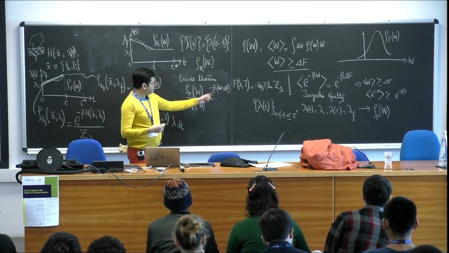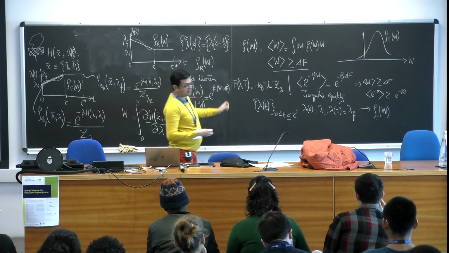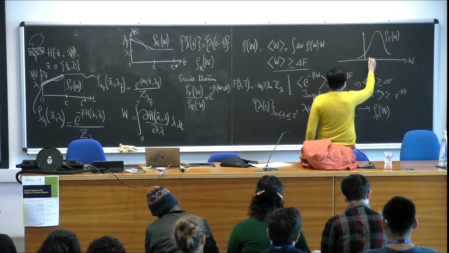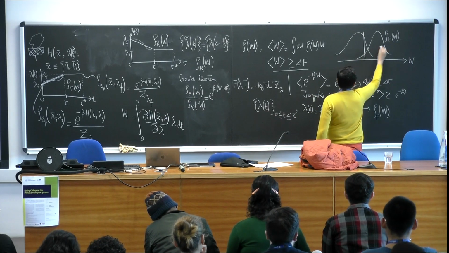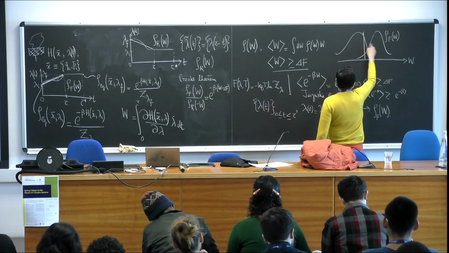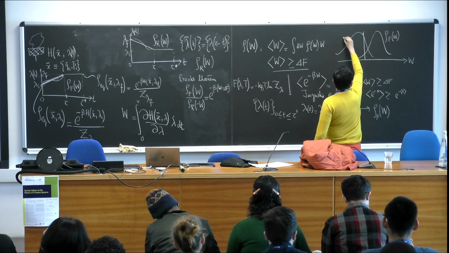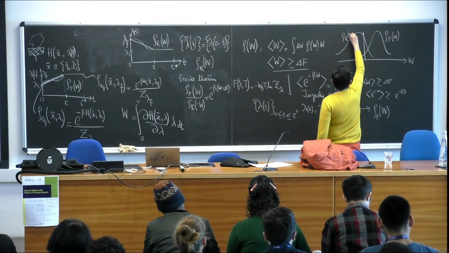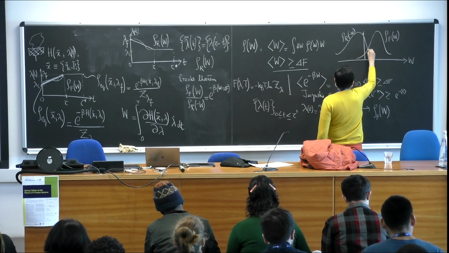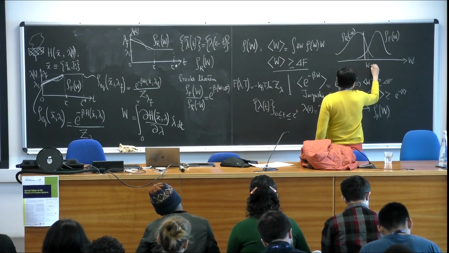They will cross, right? When W is equal to delta F, they will cross. So this is rho F, and they don't have to be exactly the same. I'm just drawing something. And so the crossing point is when W is equal to delta F.